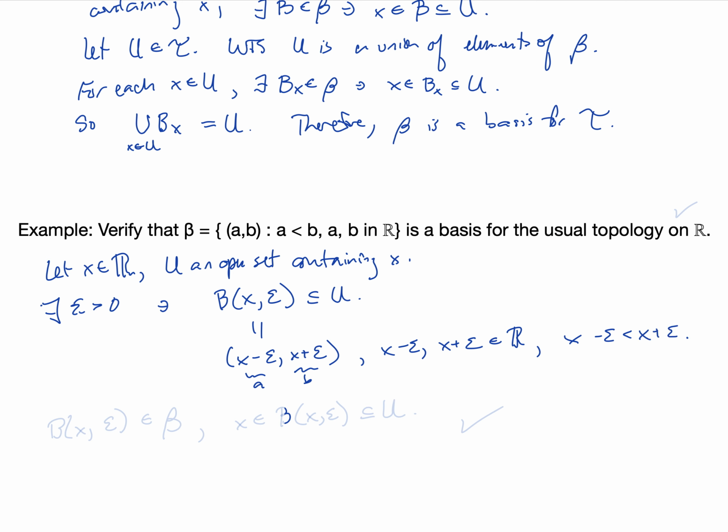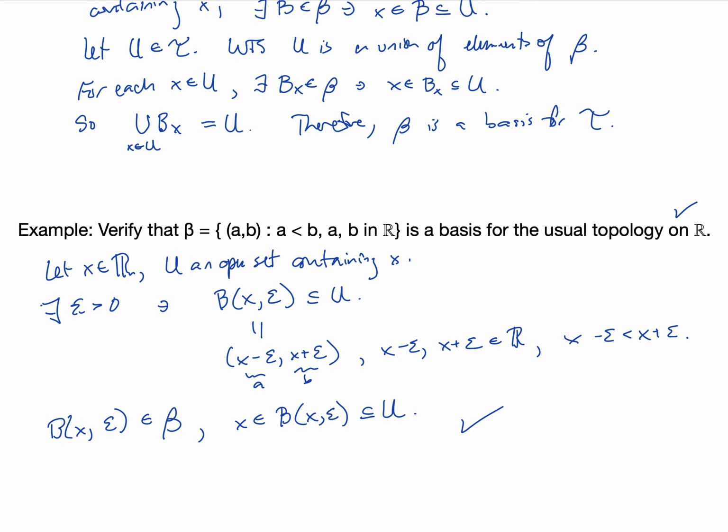So this ball centered at X of radius epsilon is an element of this thing that we're trying to prove is a basis, and X is an element of this set, and that is a subset of the open set U. So therefore, yes, we have verified that this is a basis for the usual topology on R, the collection of open intervals where a is less than b.